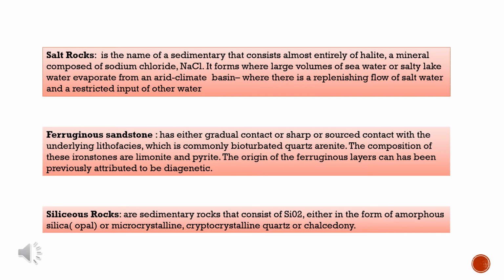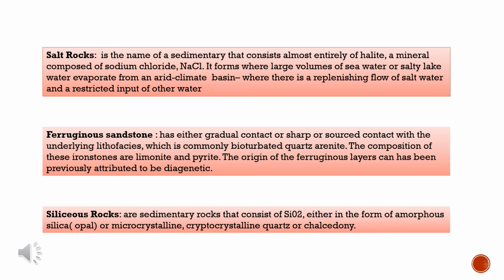Ferruginous sandstone has either gradual contact or sharp or erosional contact with the underlying lithofacies, which is commonly bioturbated quartz arenite. The composition of these ironstones are limonite and pyrite.